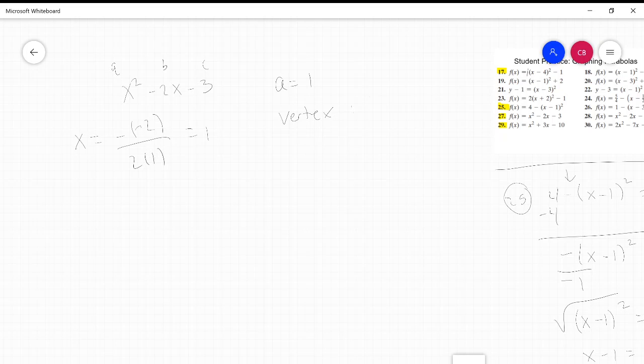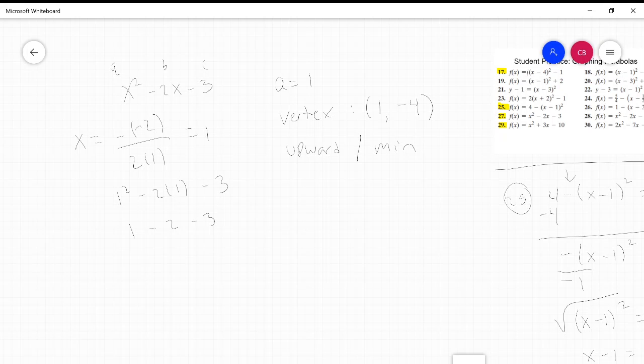So our vertex is at 1, comma, we don't know the other one yet. We're going to do 1 squared minus 2 times 1, which gives us 1 minus 2 minus 3, which is -4. We have upward, so this is upward facing, which means it's a min.